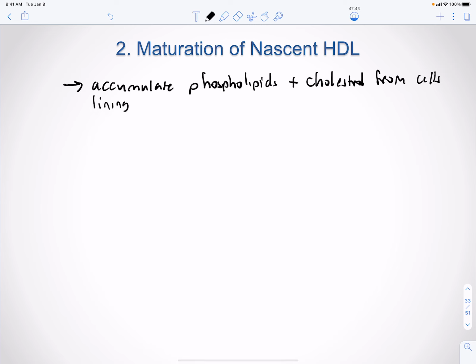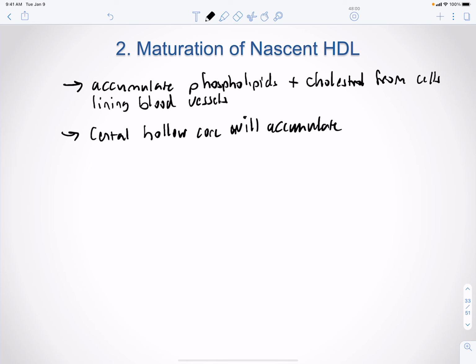So they just pick things up. It's going to have a central hollow core that will accumulate cholesterol, and it's typically in the form of esters. HDL particles have to contain ApoA1.